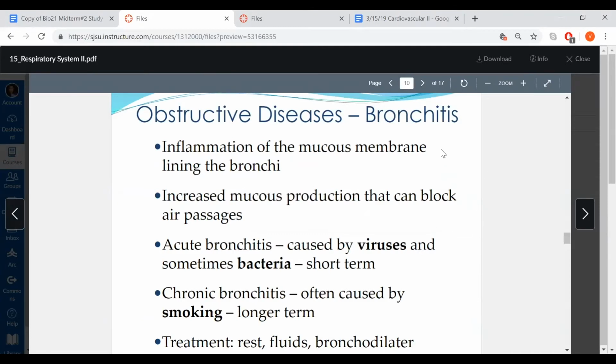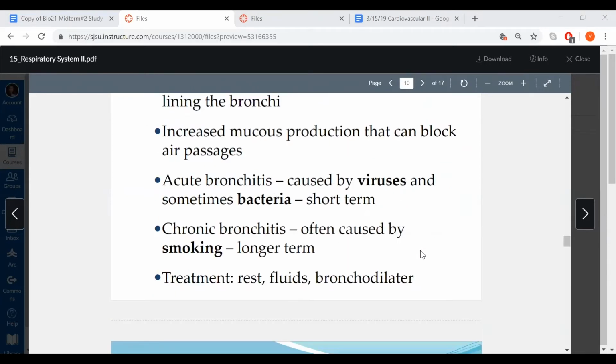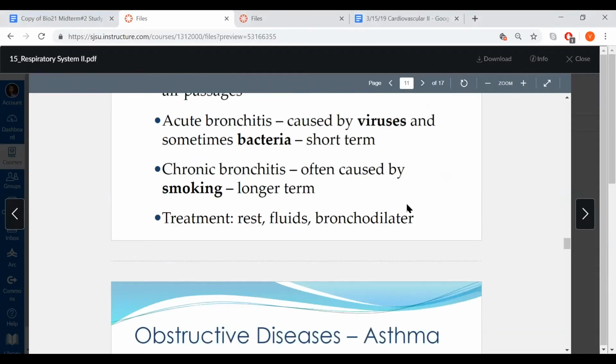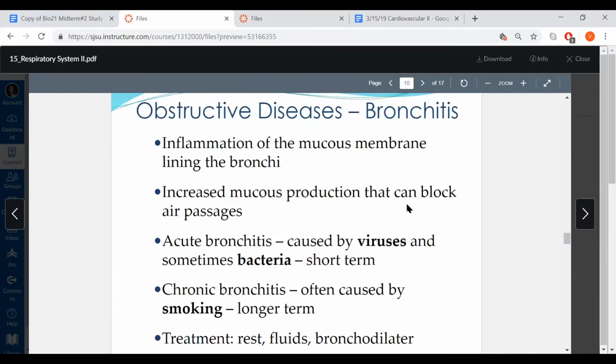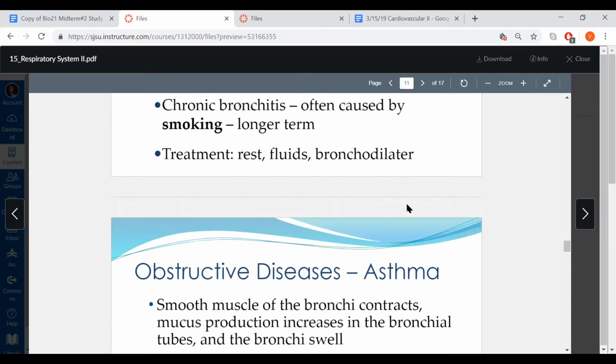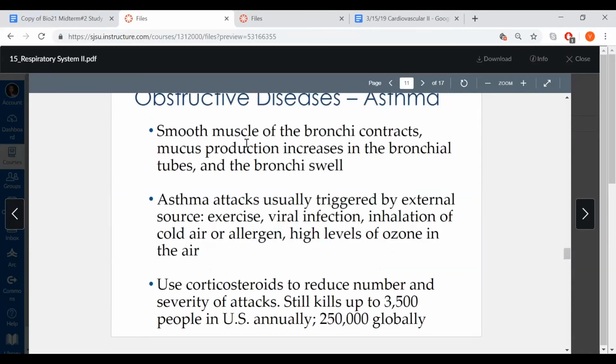Okay. Well, I'm just gonna say what's the difference between the obstructive versus restrictive. So obstructive is like there's something blocking. So in bronchitis, there is the inflammation of mucus. So mucus is the one that's blocking your airway. And then in asthma, mucus is also like mucus production, making inflammation.